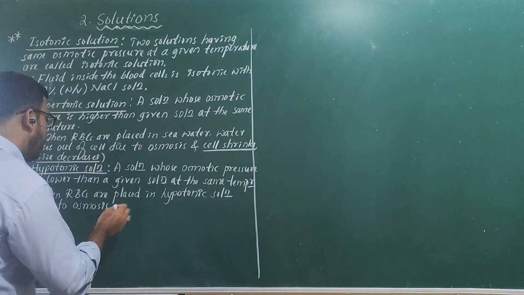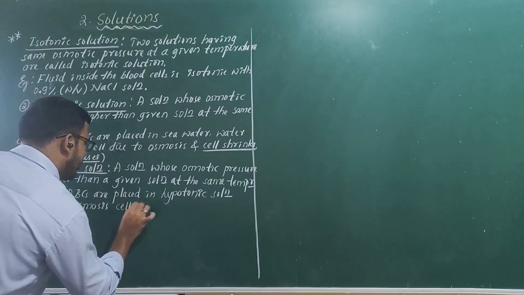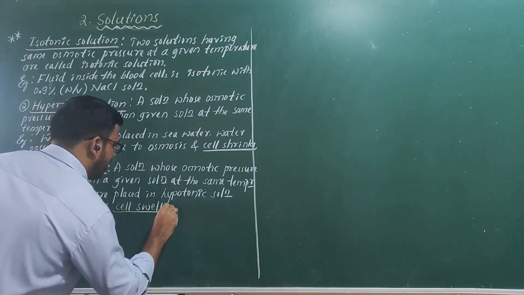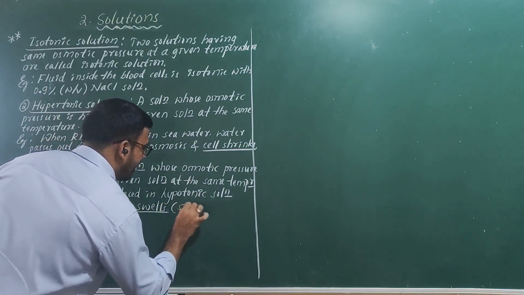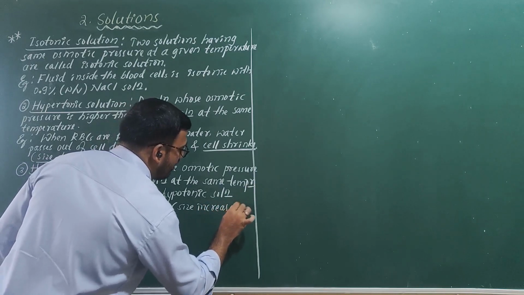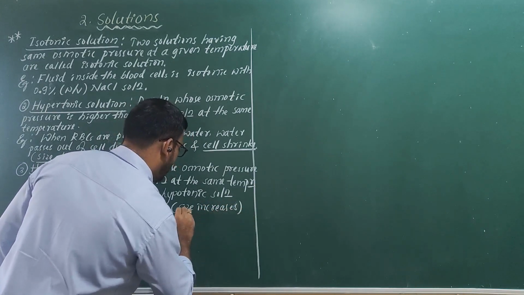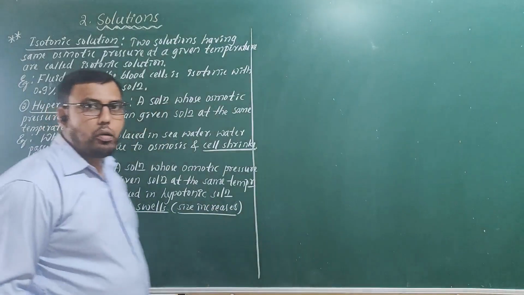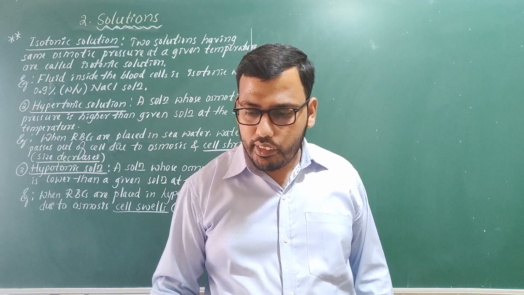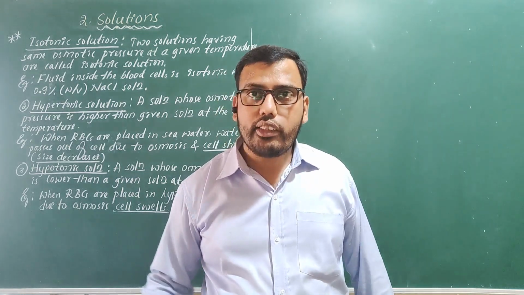That's why, due to osmosis, the cells swell and their size increases. So that is the concept. Okay, so this is about isotonic solution, hypertonic solution and hypotonic solution.